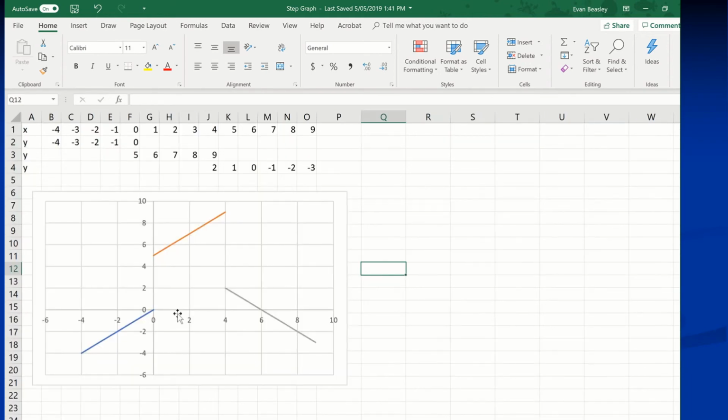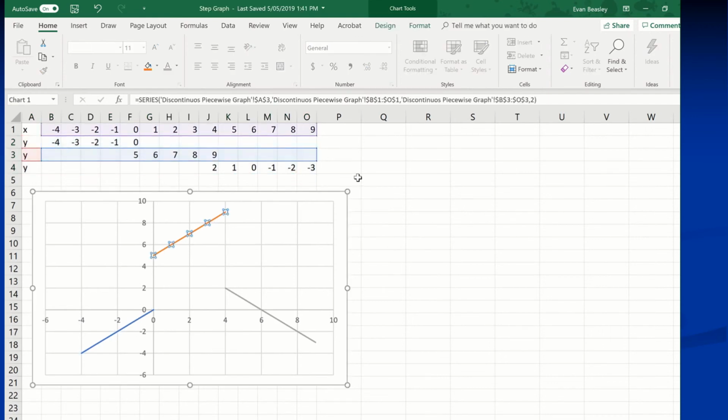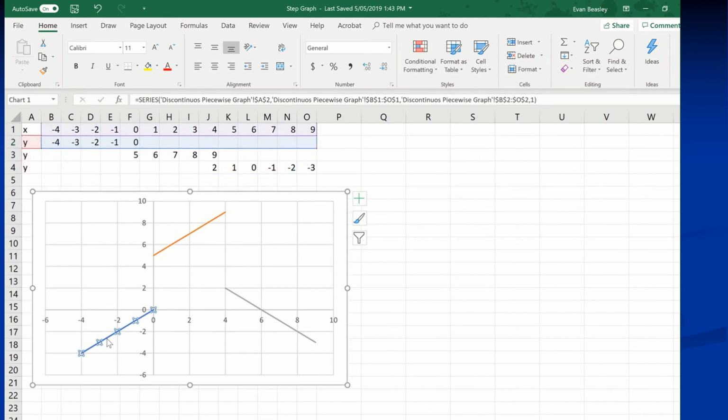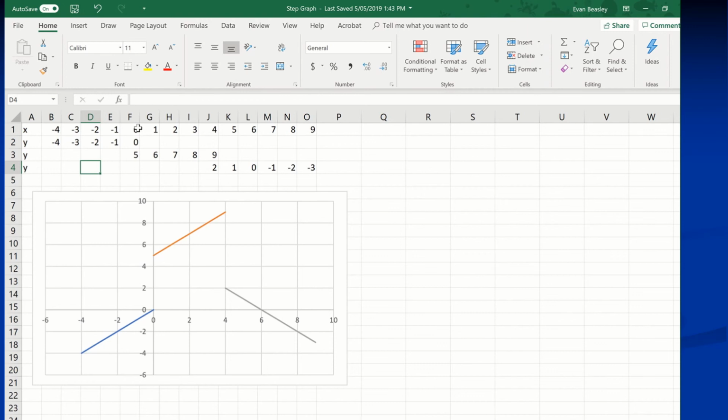For a discontinuous piecewise graph, I've put y values in 3 different rows. And that means it's just going to put in 3 different columns. Now, you can see that they're not really overlapping. And they're not overlapping on the graph here. So my first one is the x values below 0. So if I'm looking here, here's the x column, and these are the values below 0. So when y equals -4, x equals -4, and vice versa.